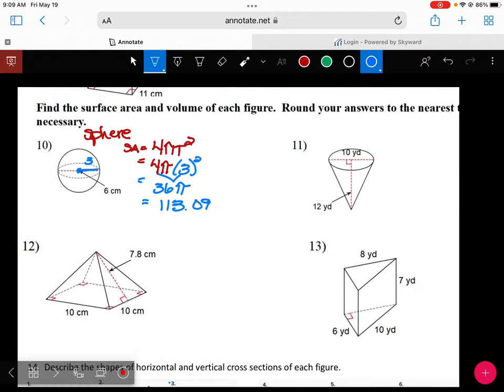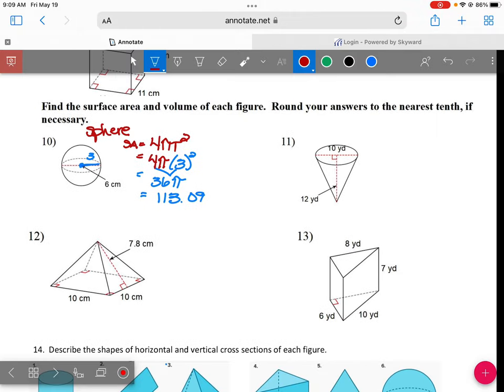Okay. And it says round my answers to the nearest tenths. I know some of you have problems with the tenths place. It is the first one to the right of the decimal. That's the tenths place. So I underline it. Look next door, 5 or more. That's going to go up. So it is 113.1 centimeters squared. That is the surface area of a sphere.